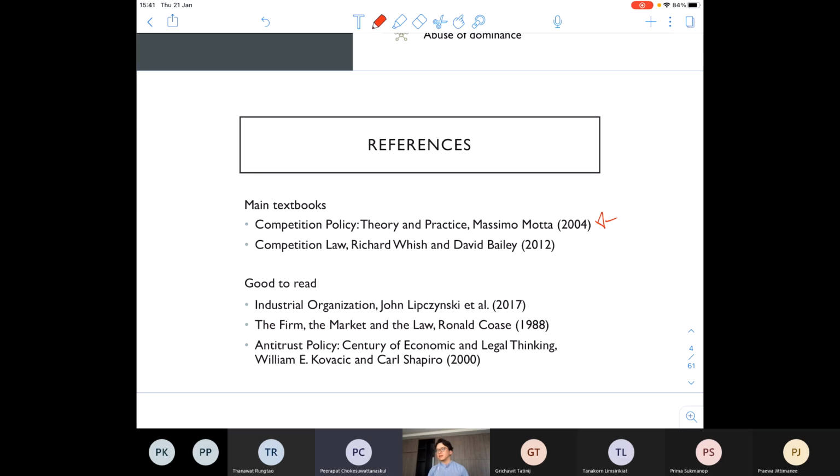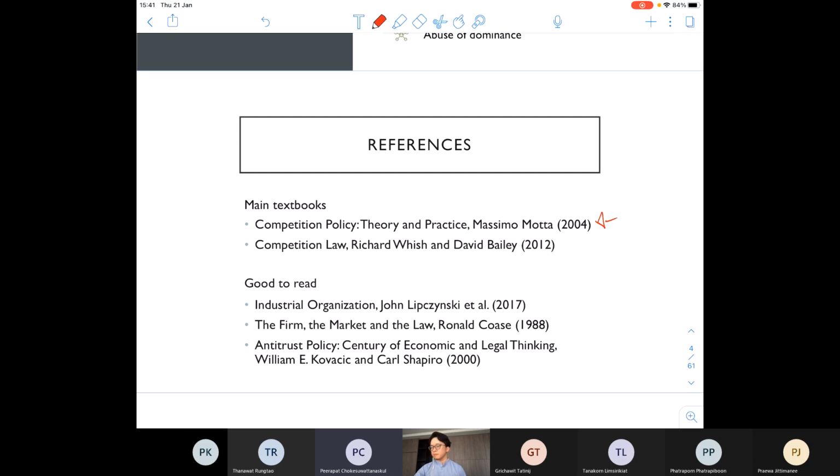Whish and Bailey. This book is quite focused on Europe. Motta is Europe oriented as well, but it does have more perspectives from elsewhere, like the US and also Asia, which is not bad, but it's particularly for Europeans. The run of the chapters follows strictly the articles in European Commission Competition Law.